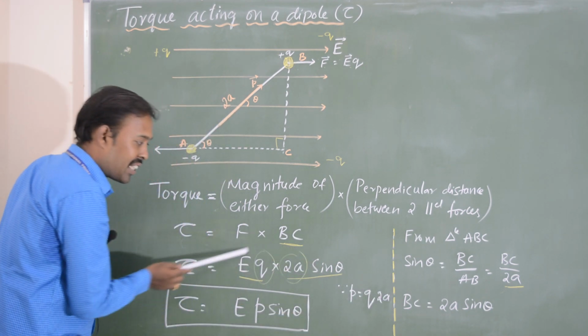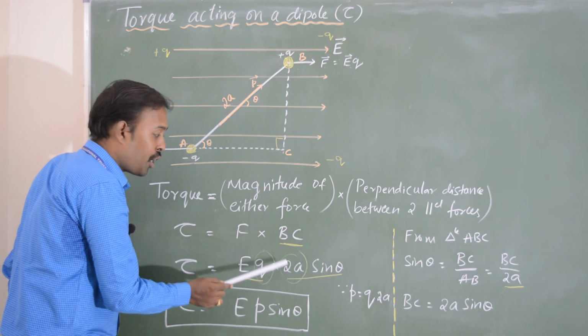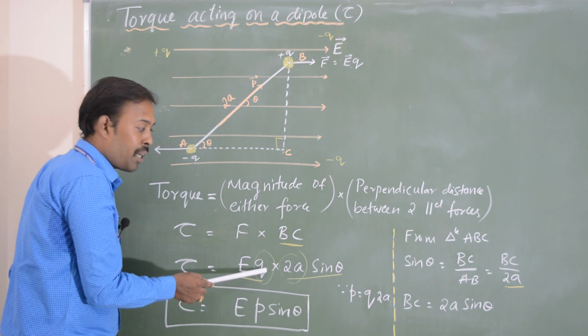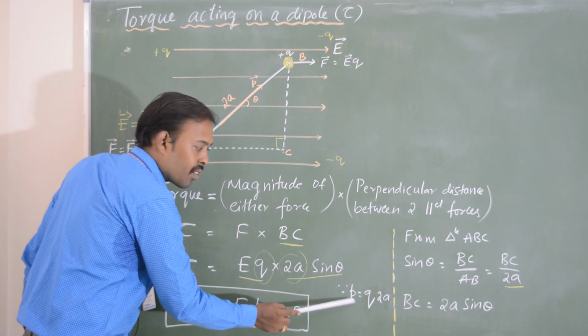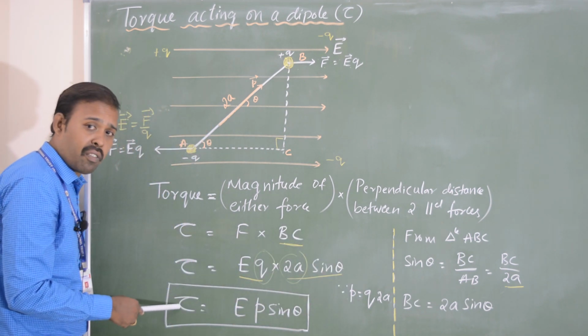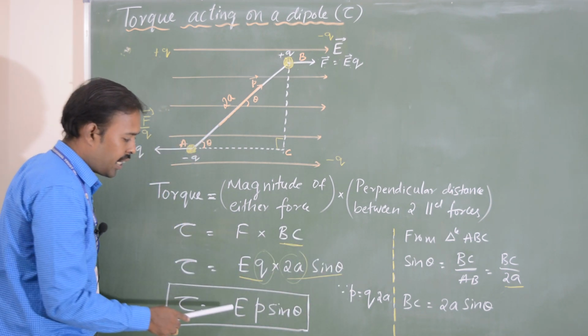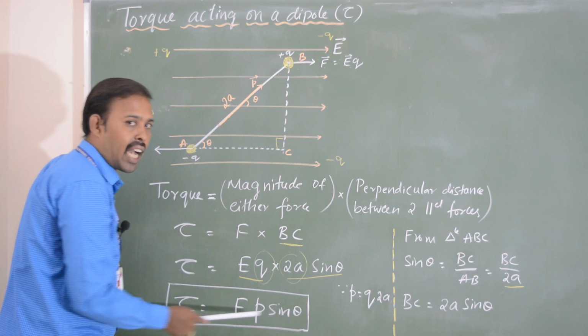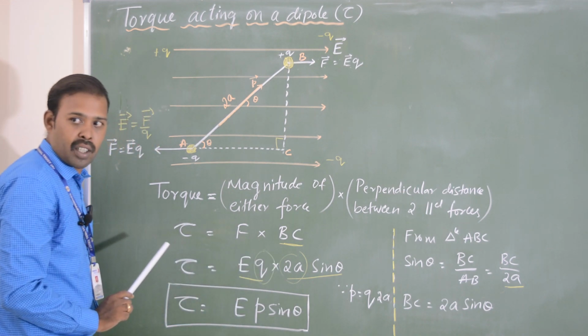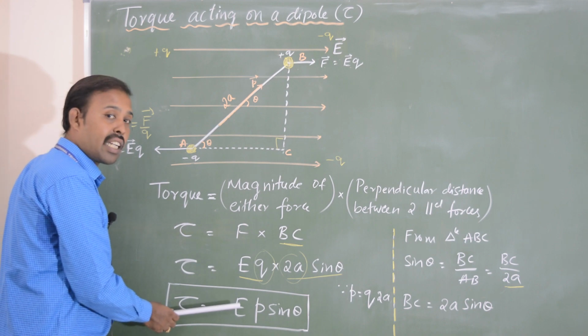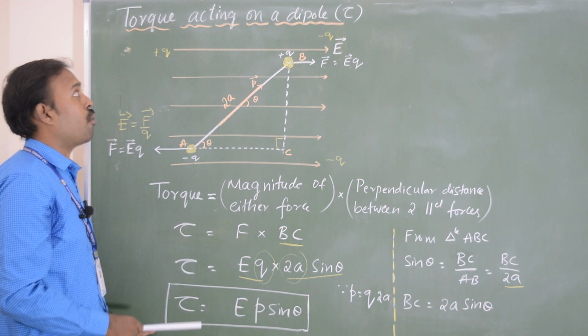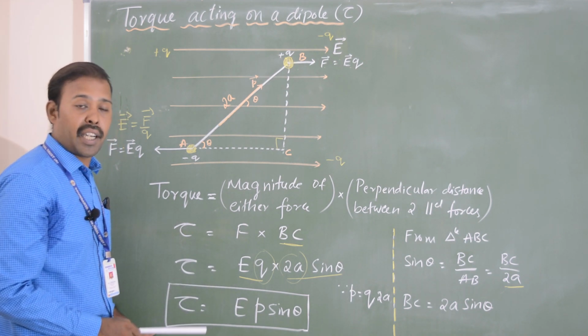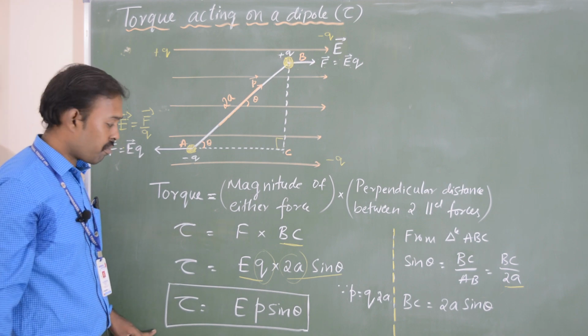So in this equation, I am removing Q into 2A and replacing it by P, the dipole moment. So tau is equal to PE sin theta. This is the expression for torque experienced by the dipole kept in a uniform electric field.